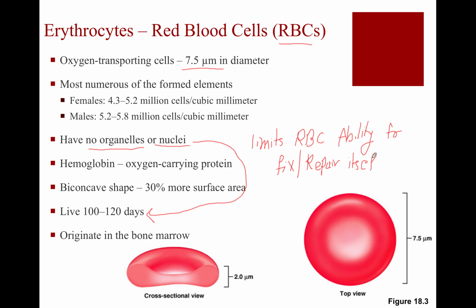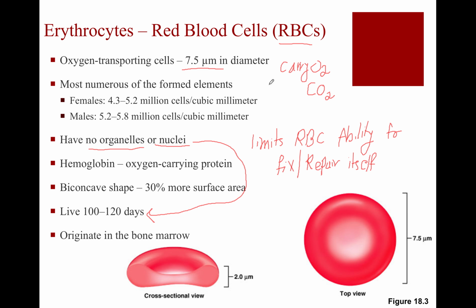So anytime it gets old or damaged, you just have to break it down and form new cells. What is the main job of red blood cells? As we mentioned earlier, it is to carry O2, but it also carries, as you will learn, CO2. The main function would again be carrying oxygen in the form of oxygen molecules.